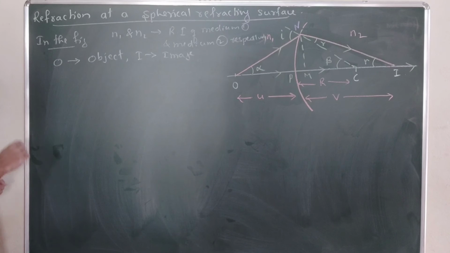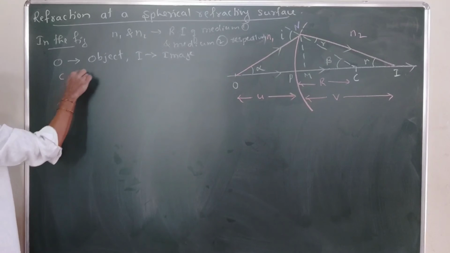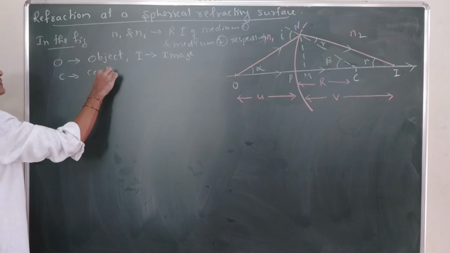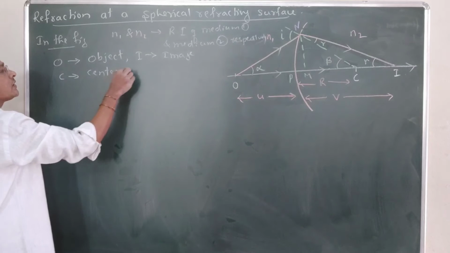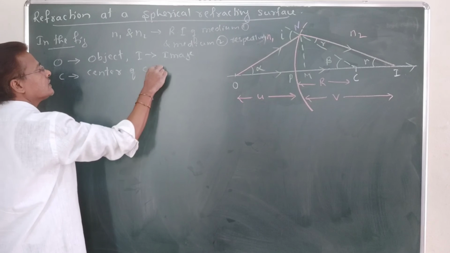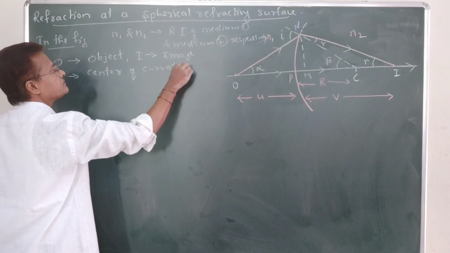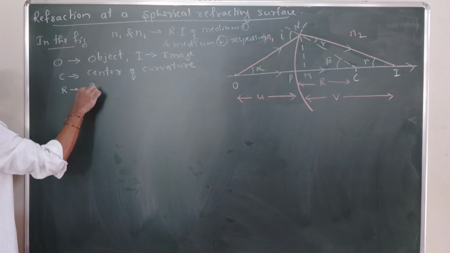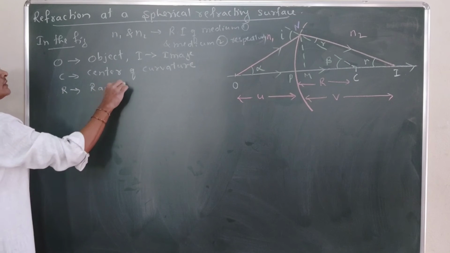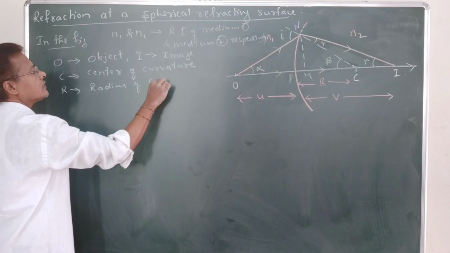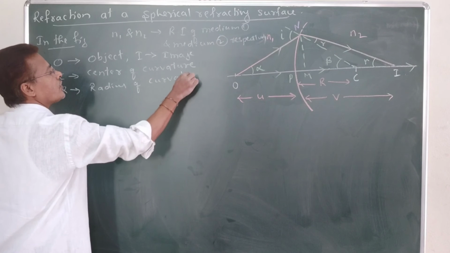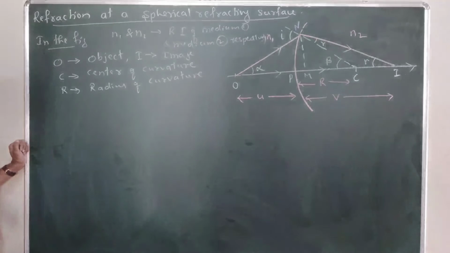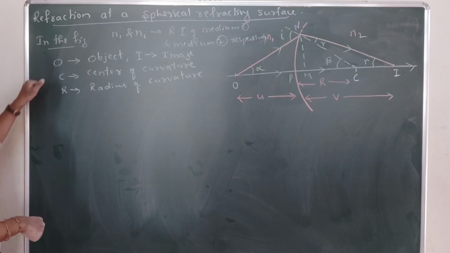Now, one by one we can write down. C is the center of curvature of that spherical surface. R is the radius of curvature. All these definitions have already been explained to you.